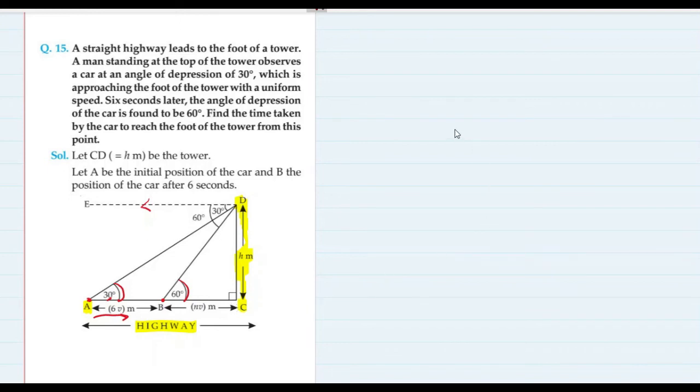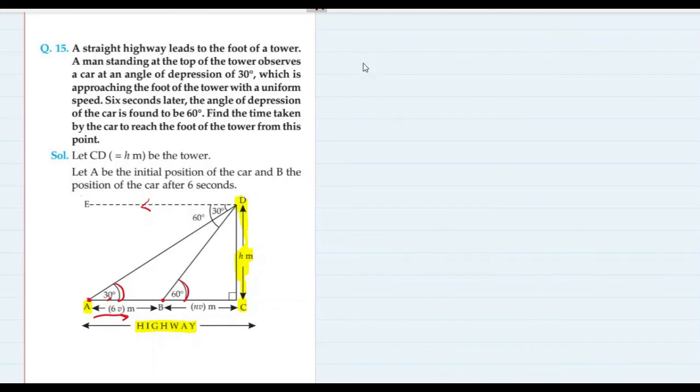That's what we have to find out. I think in this question, they have not given the height of the tower. They have just given that the car takes 6 seconds to reach from point A to point B. That is, for the angle of depression to change from 30 degree to 60 degree, it takes 6 seconds.